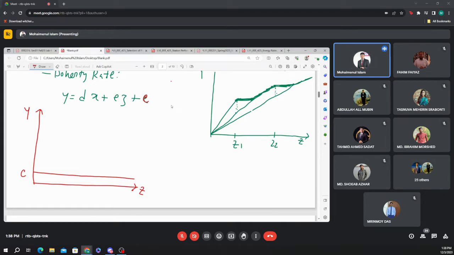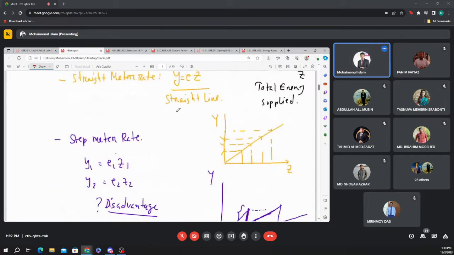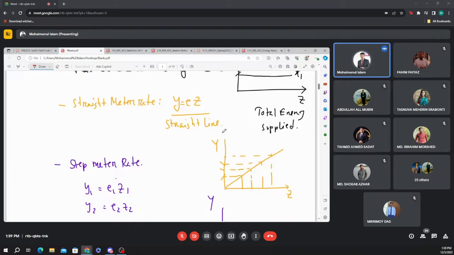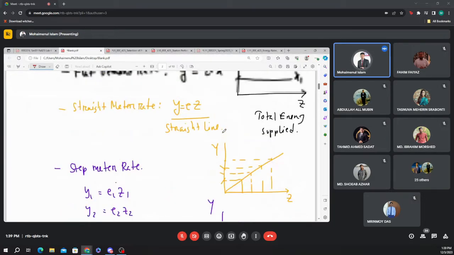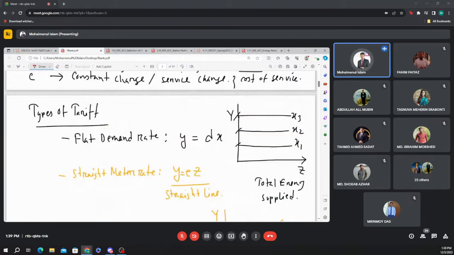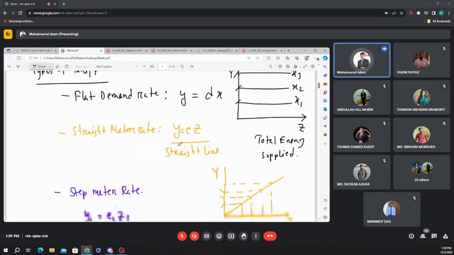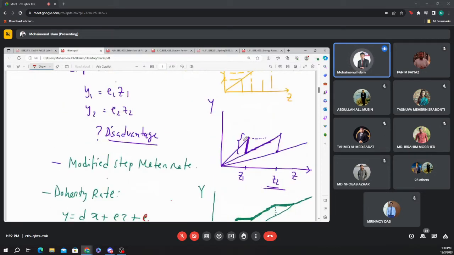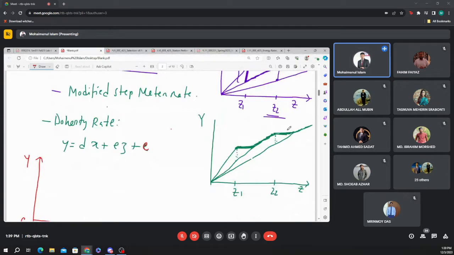And the other part, maybe dx plus ez. You see, dx is for your demand. So if you consider that your rate is actually dx plus ez, you need to draw or combine these two rates. So you have the dx, that is your straight line, this one dx, and you need to consider ez. Ez is the modified ez. That means the third one, this step rate, right?